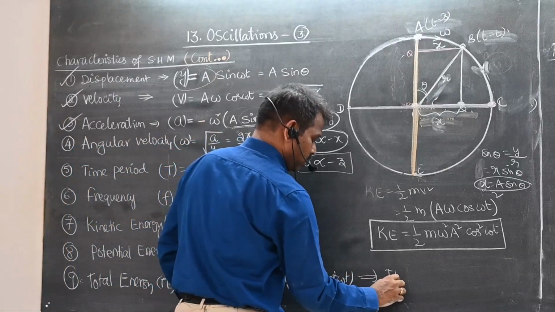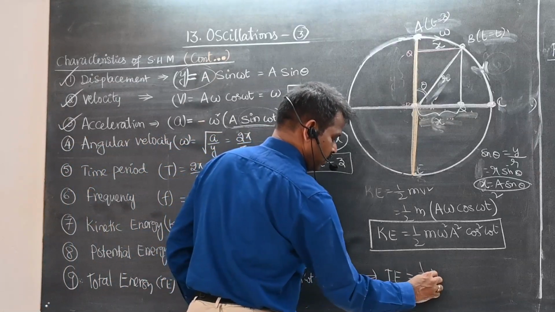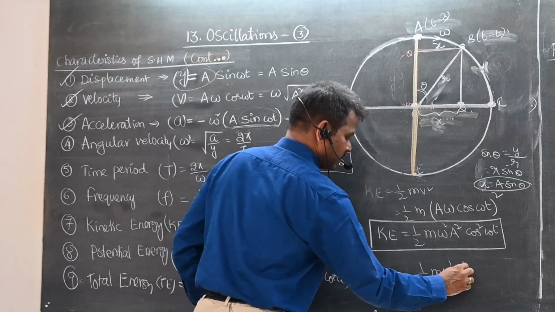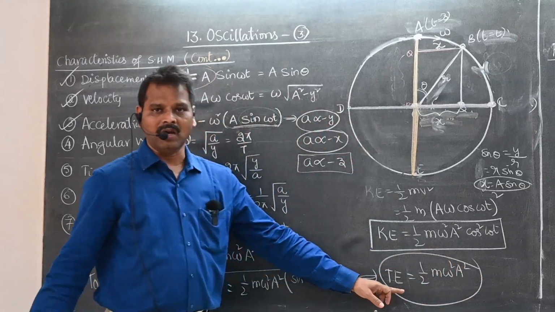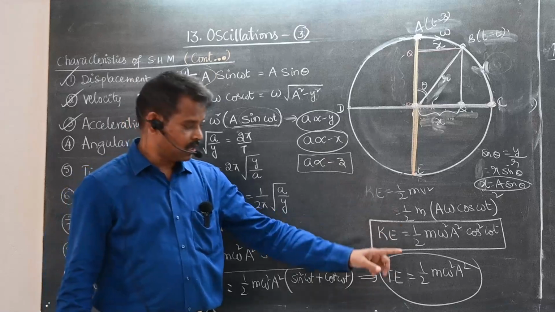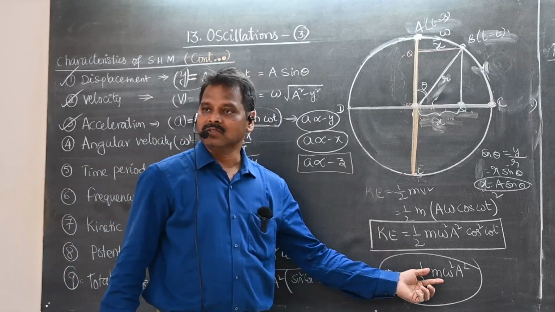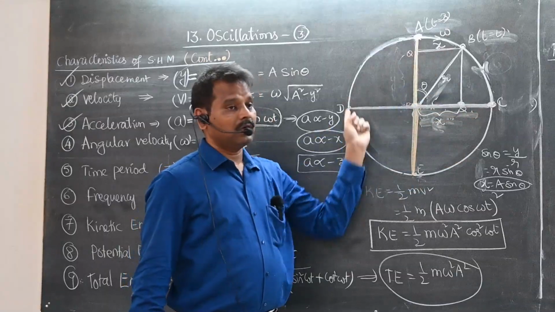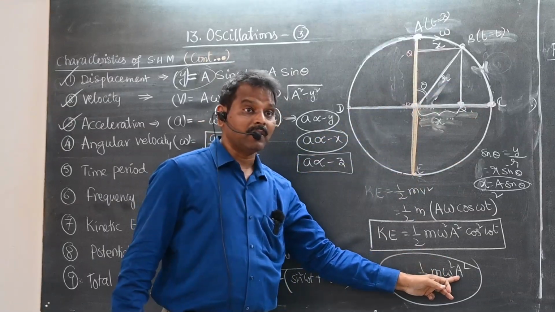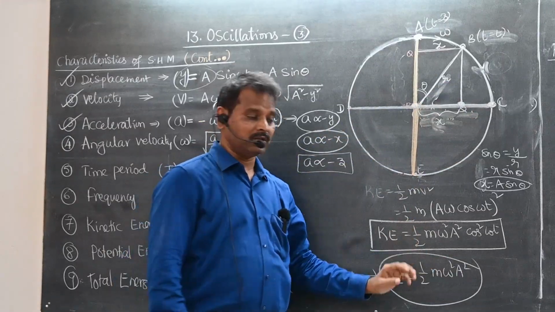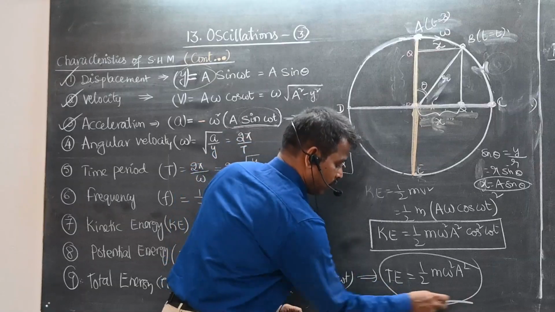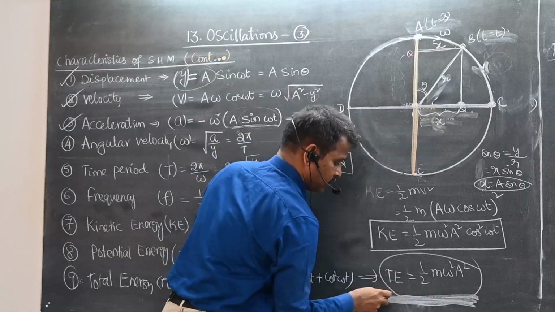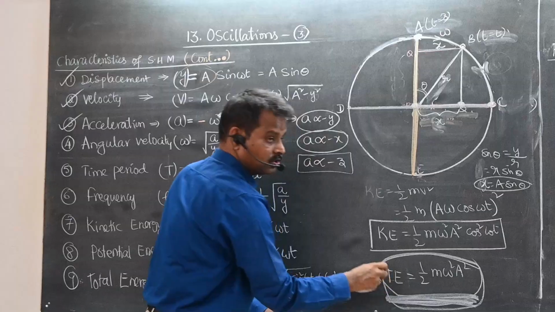Therefore, the total energy of a simple harmonic oscillator is half m omega square a square. Is it constant or variable? Half is constant, the mass of the particle is constant, the angular velocity is constant, and the maximum displacement is always constant. That's why the total energy of the simple harmonic oscillator is always constant.